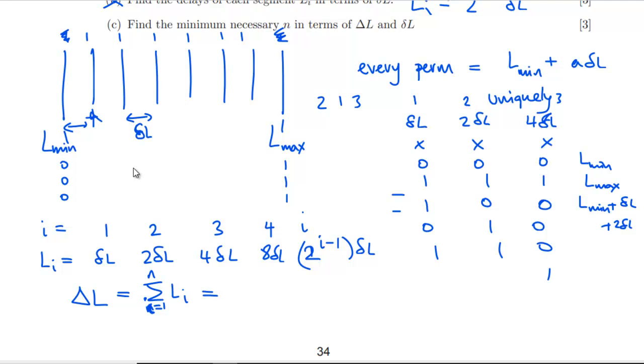So that is equal to, let's factorize that delta L: 1 plus 2 plus 4 plus 8 plus up to 2 to the N minus 1. What does that sum up to?